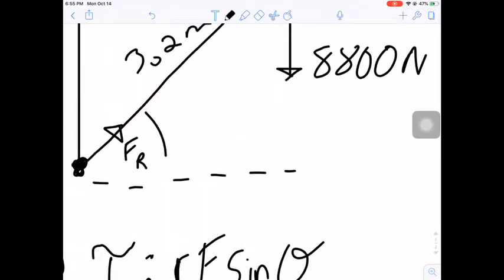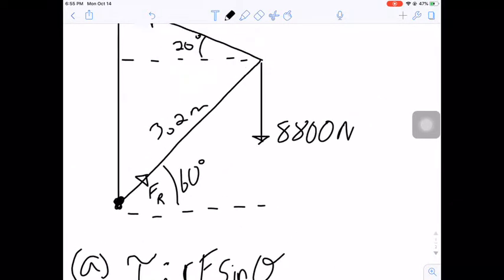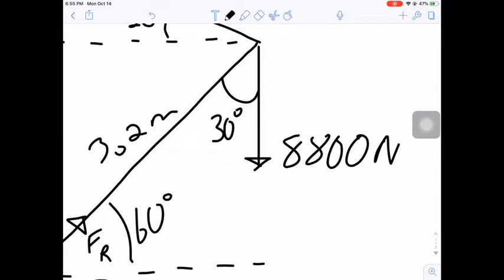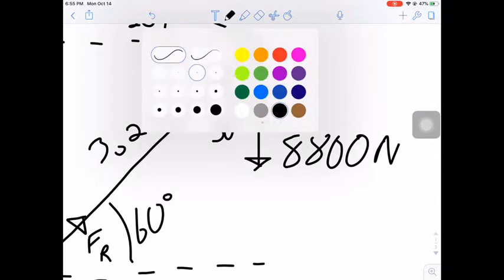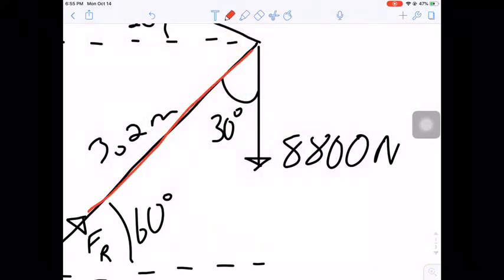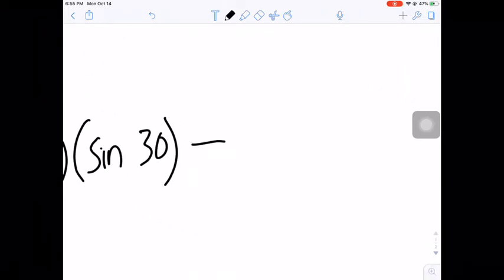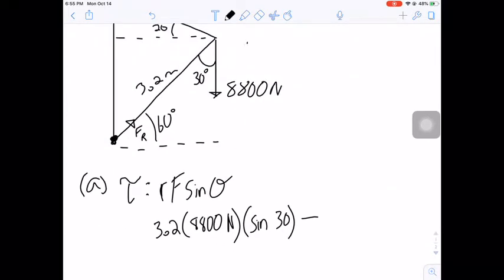It gives us this angle 60, but since we want the angle between R, which would be this line, and the force here, we use this angle, because it's between R and our force. That's why I use 30, and then minus, so those are all the downwards forces.